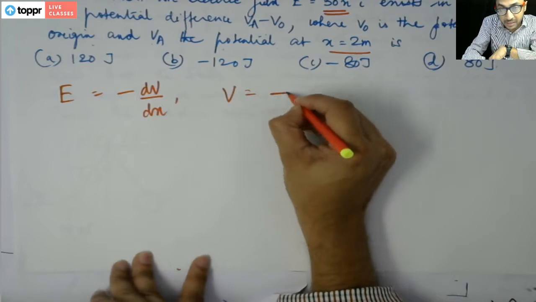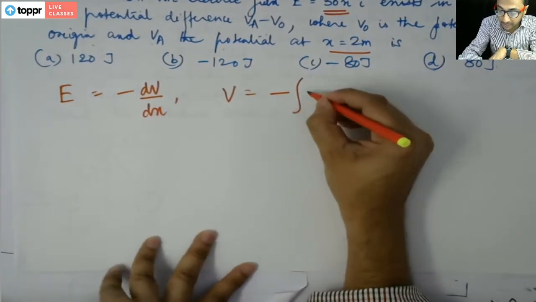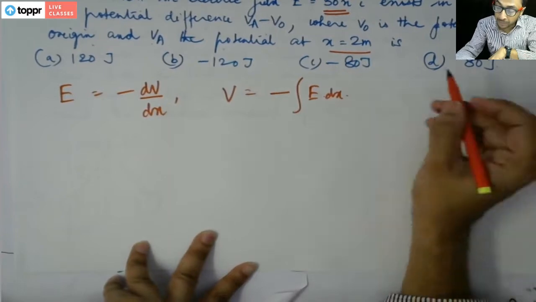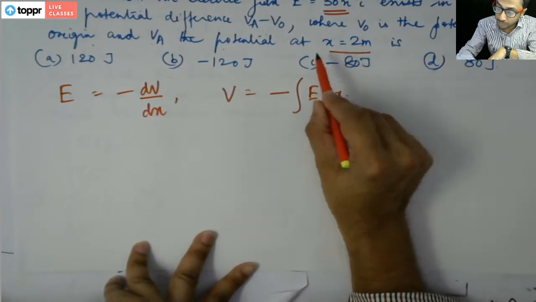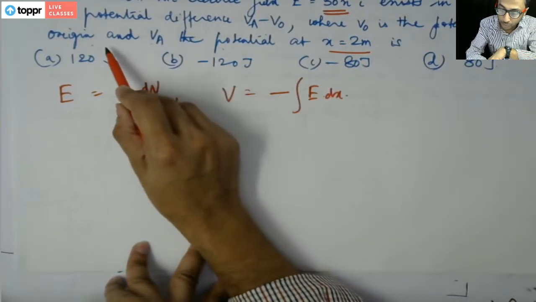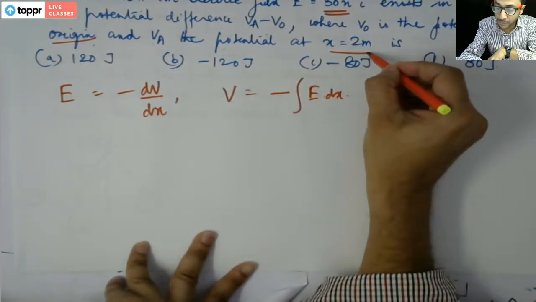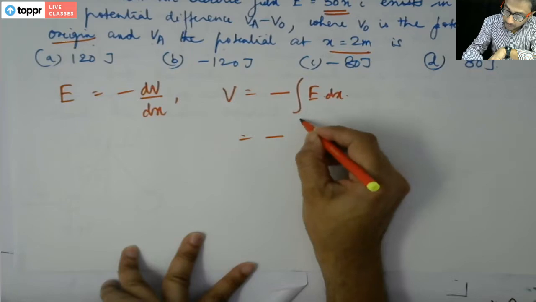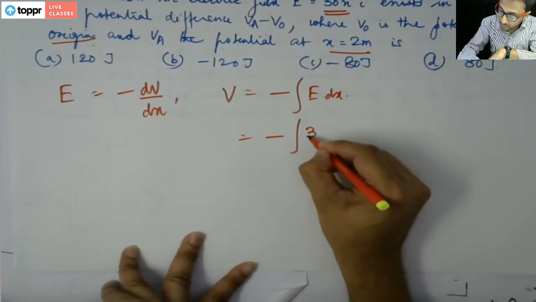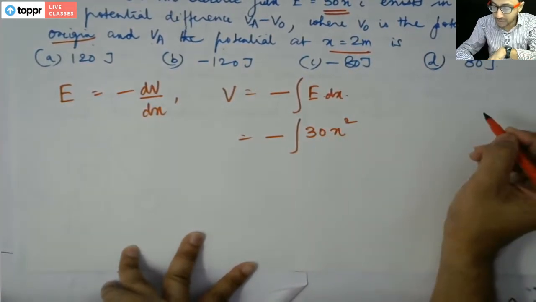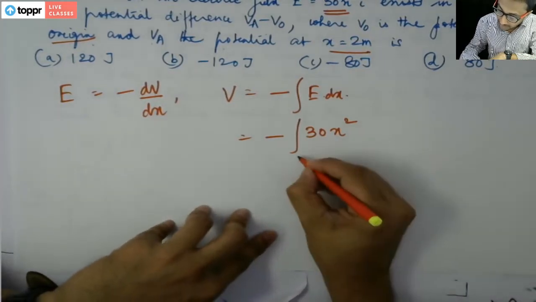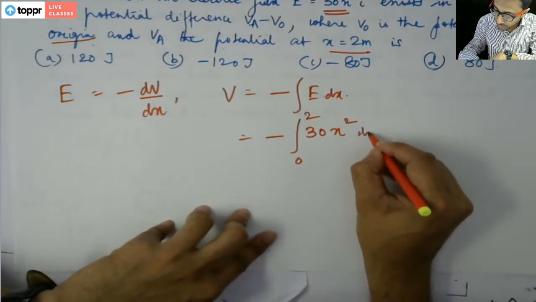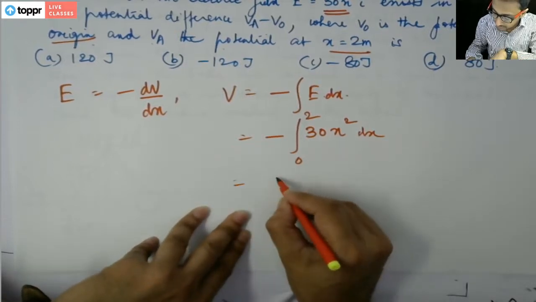So V is definitely minus integral of E dx. X is ranging from 0, origin means 0, to x equal to 2. So we can write minus, in place of E we write 30x squared, x from 0 to 2, dx.